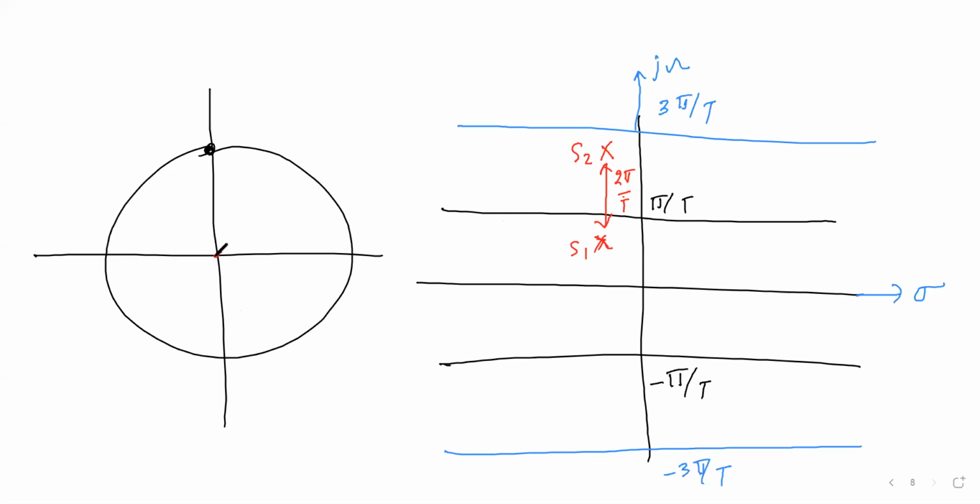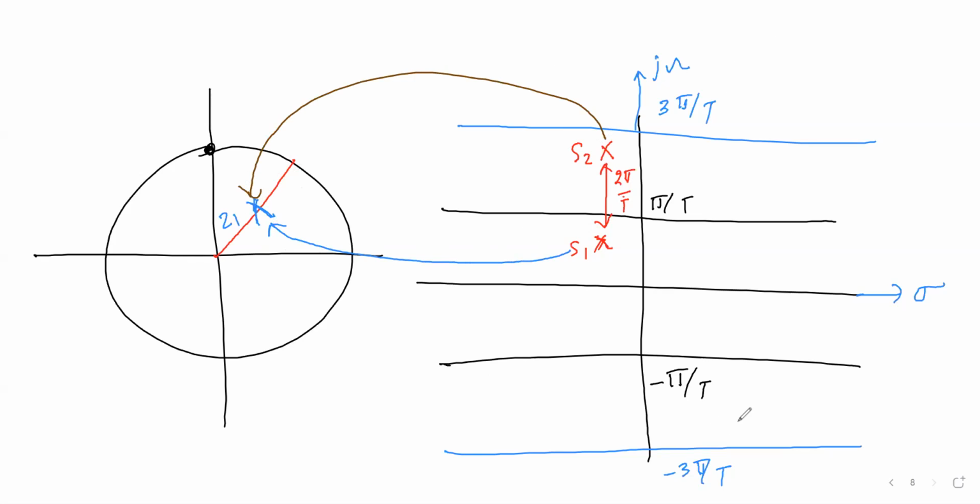Now what is the problem with taking it like this? The problem is that this S1 maps to one pole like this, Z1. And you get that this S2 also maps to the same Z1, yes or not?